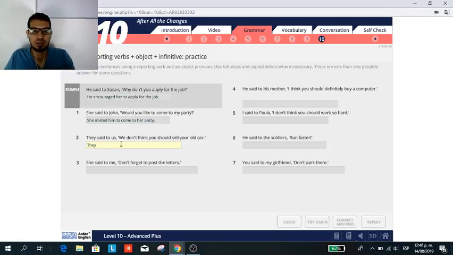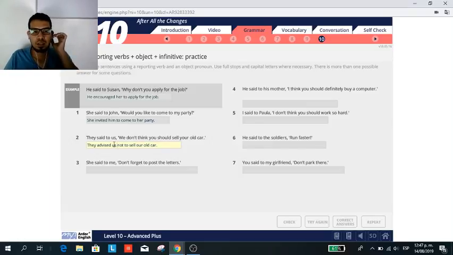But let's do this. They said to us, we don't think you should sell your old car. Okay, this is an advice. They advised not to sell our old car. They advised us. Okay, yeah, because we need an object.